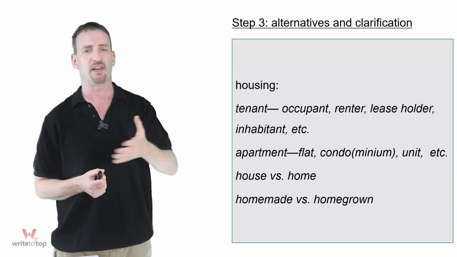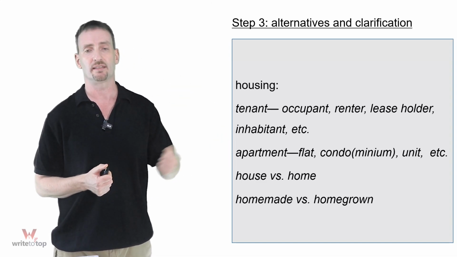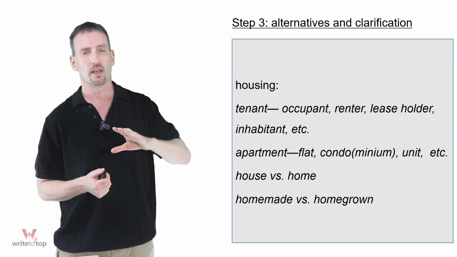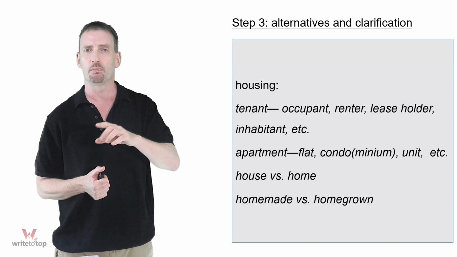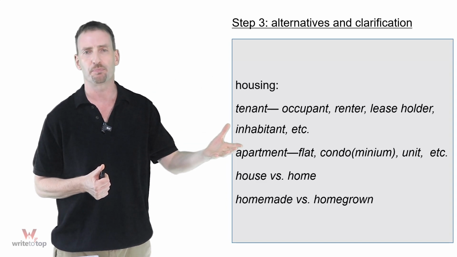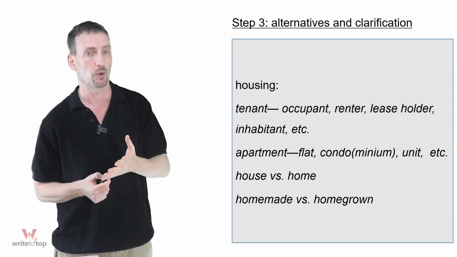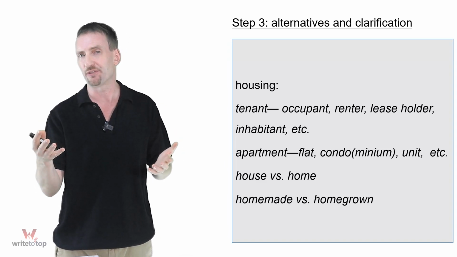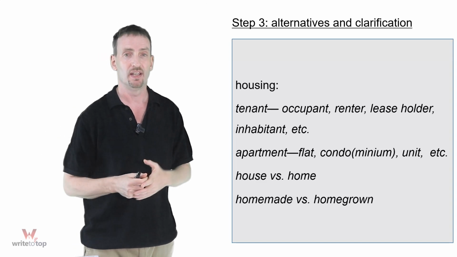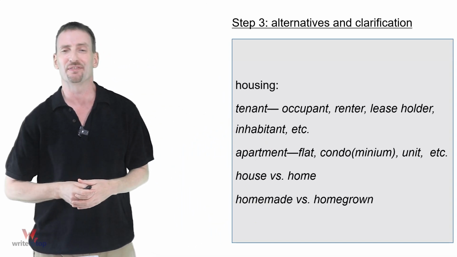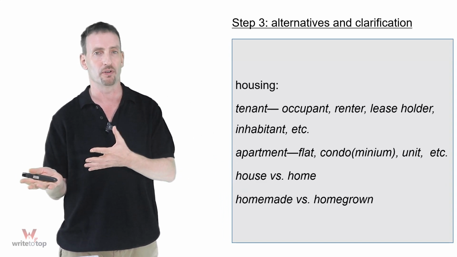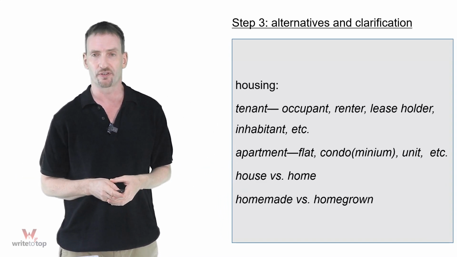An apartment could be a flat, a condominium, a unit, etc. Make sure you know the difference between house and home. A house can be a home, but it doesn't have to be. Other places, other structures can also be a home. And home can sometimes mean house, but it doesn't have to mean house. It could mean apartment as well. It could mean tent as well if you're living in a tent. Make sure you know the difference between homemade and homegrown. These are two different words.